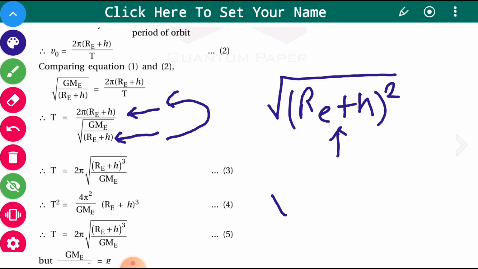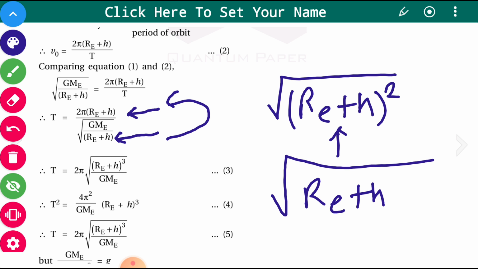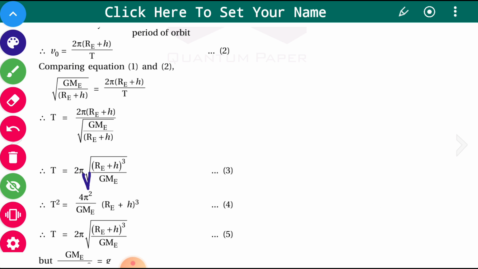So it becomes the square root of (Re plus h) the whole cube, and it is taken as the square root of (Re plus h) cubed upon GMe.